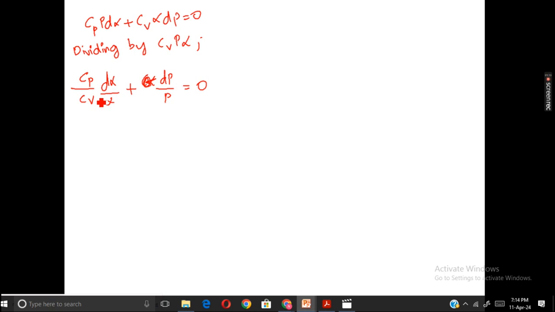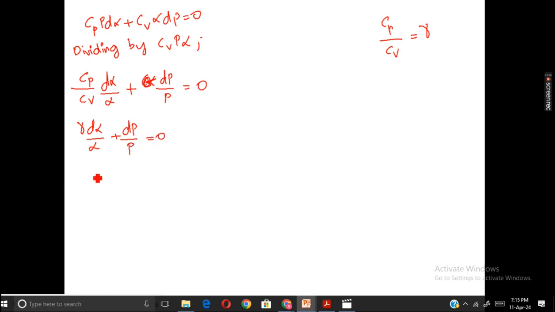So dP by P plus Cp by Cv into d alpha by alpha is equal to 0. Cp by Cv is also a constant, and it can be written as gamma. So gamma into d alpha by alpha plus dP by P is equal to 0.